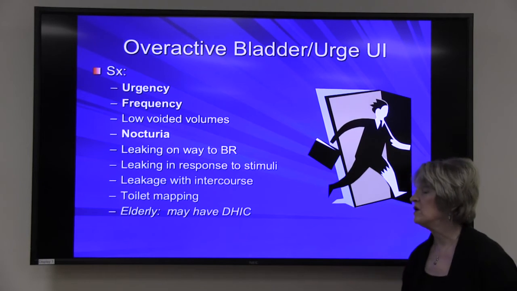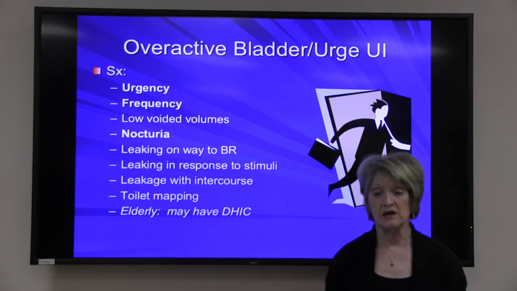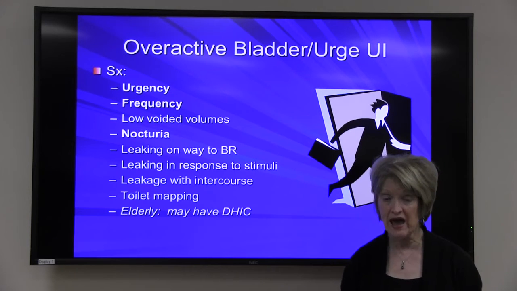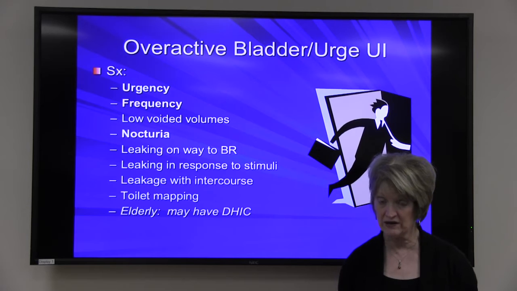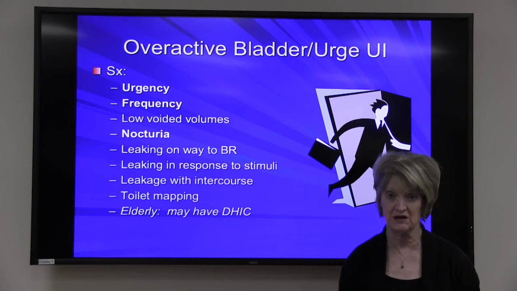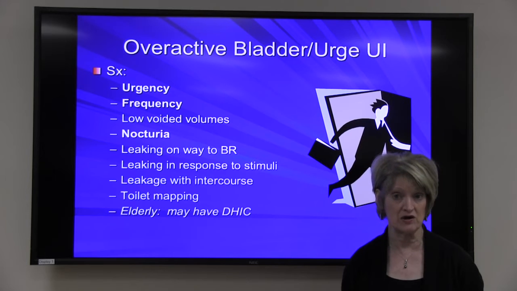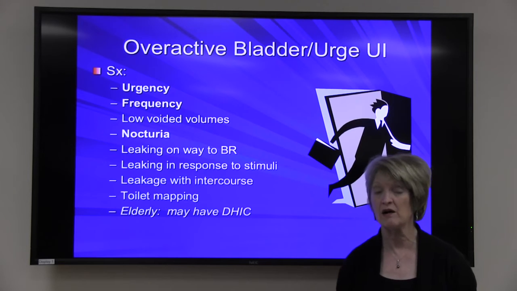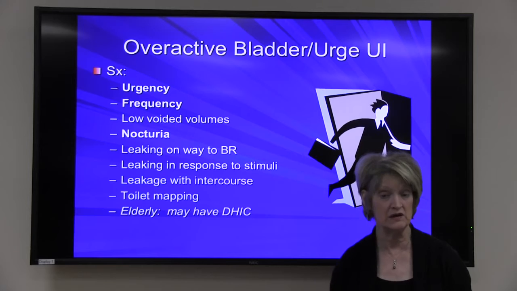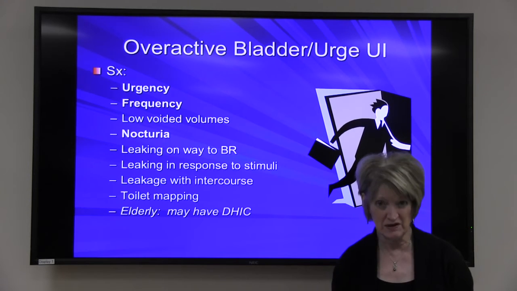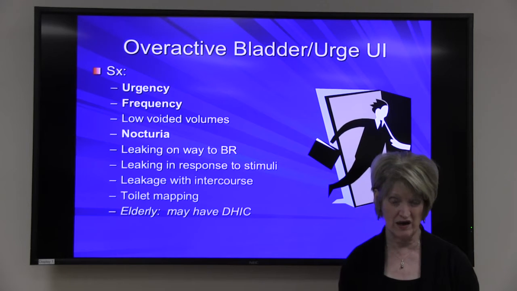Now remember that the elderly may have combination problems, so they may have this syndrome of overactive bladder, frequency, urgency, etc. But they might also have impaired contractility. So they might come in complaining of running to the bathroom all the time, going little bits, having to get up at night, sometimes leaking on the way.